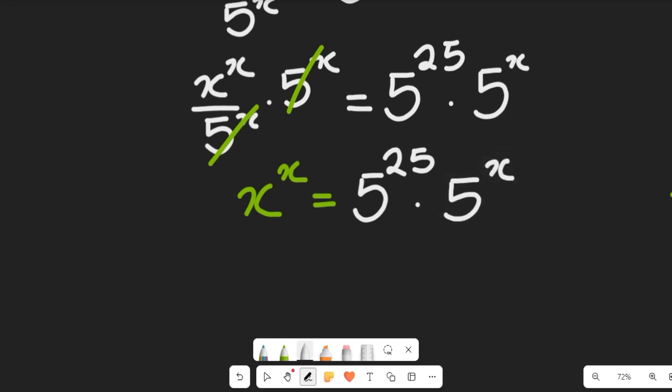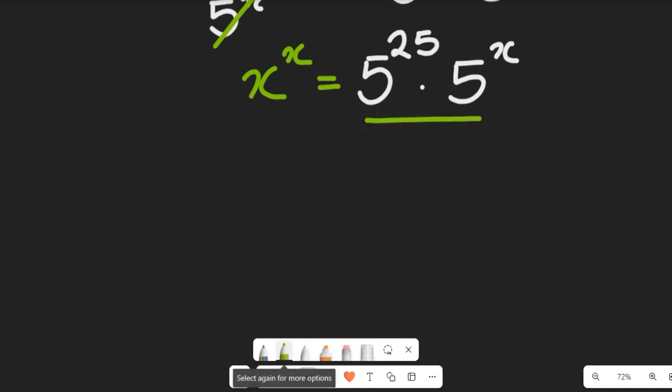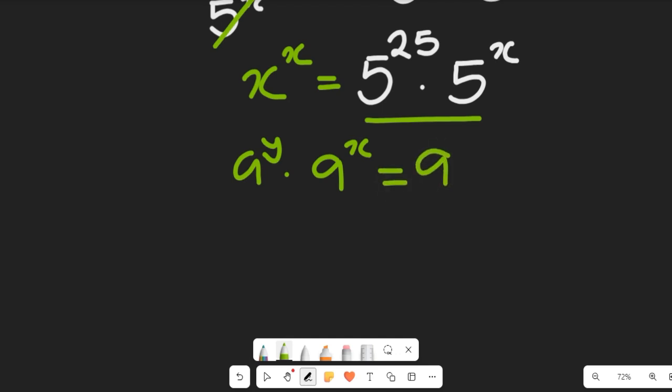Great. Now I'm going to apply a law of indices. From that law, if I have a to the power of y multiplying a to the power of x, that gives me a to the power of y plus x, right?